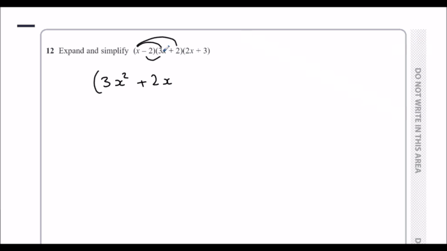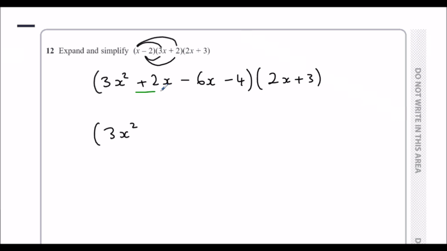Negative 2 times 3x is negative 6x. And negative 2 times positive 2 is negative 4. And that is still multiplied by the second bracket. I can simplify my first bracket before I expand again. So I've got 2x take away 6x. 2 take away 6 is minus 4, negative 4.